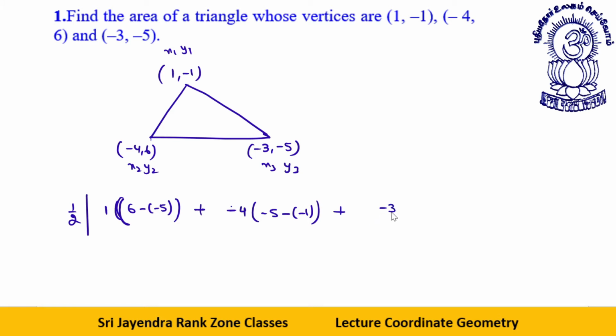What is x3? x3 is minus 3 into y1 minus y2. What is y1? y1 is minus 1, minus y2 is 6. So far clear, dear students? I hope there is no doubt so far. Just putting the values and nothing else. Okay, dear students?